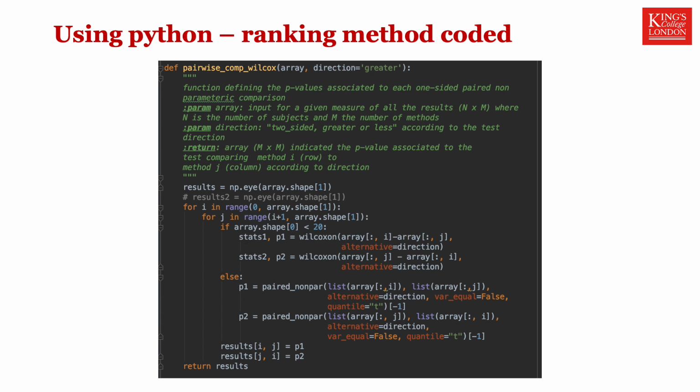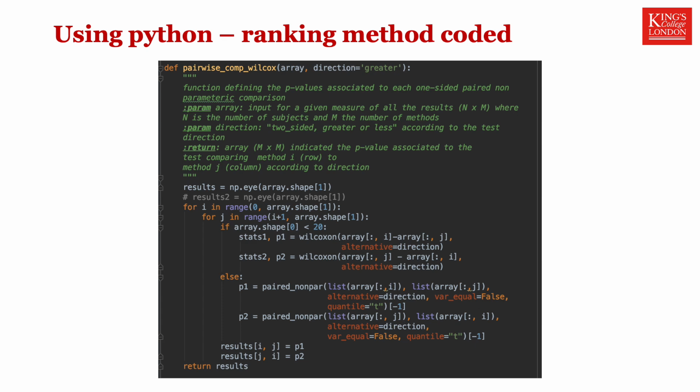So here what the pairwise Wilcoxon test is doing is calculating, for an array of metrics obtained for different samples and different methods, so I have a given metric, I have the solution for the different samples and for the different methods, in rows the samples, in the columns the methods.